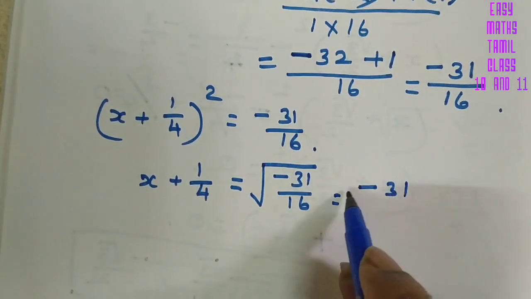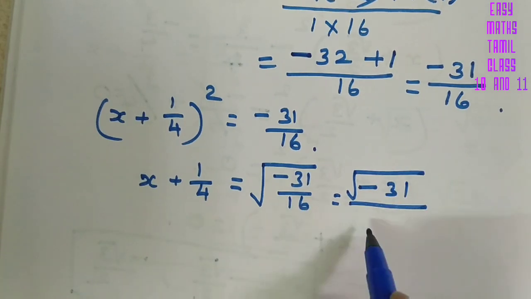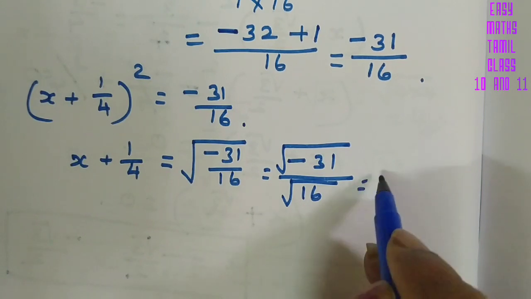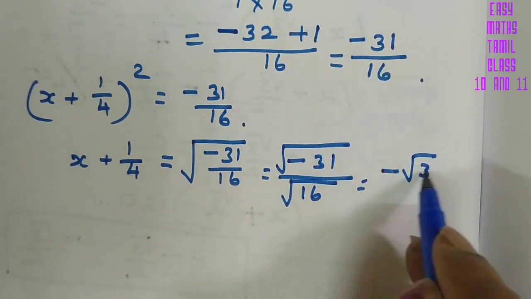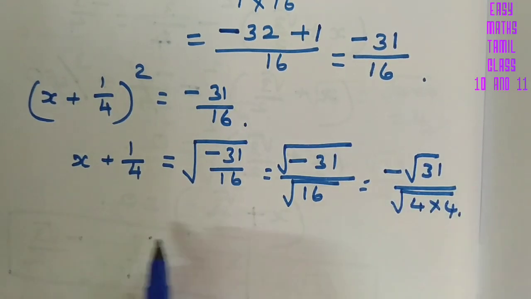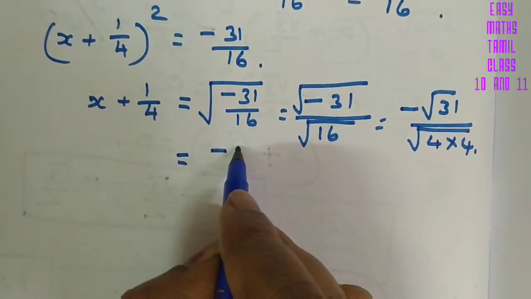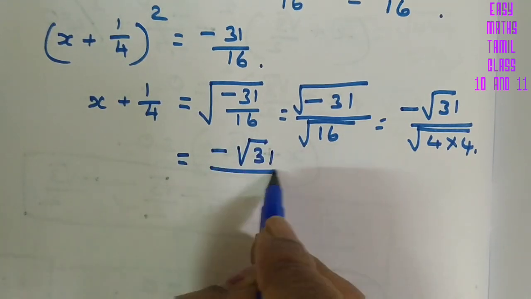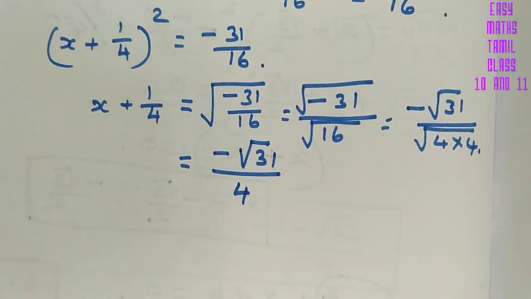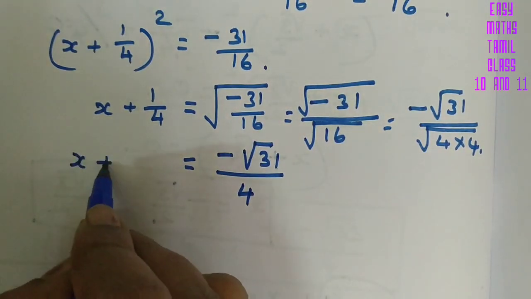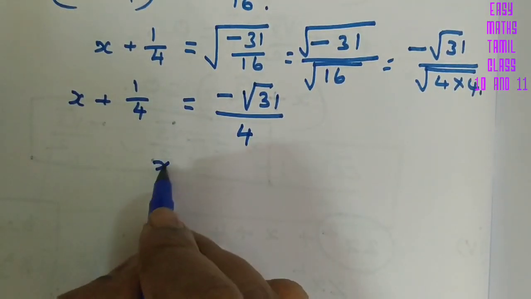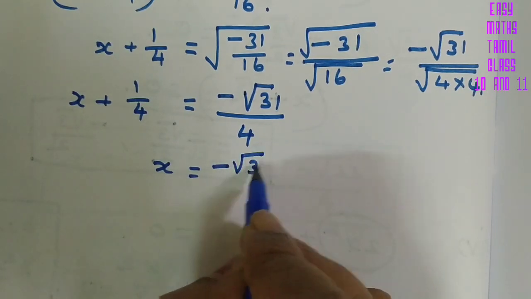Minus root 31 divided by root 16, and root 16 is root 4 into 4, so cancel the root, giving 4. So x plus 1 by 4 equal to minus root 31 by 4.